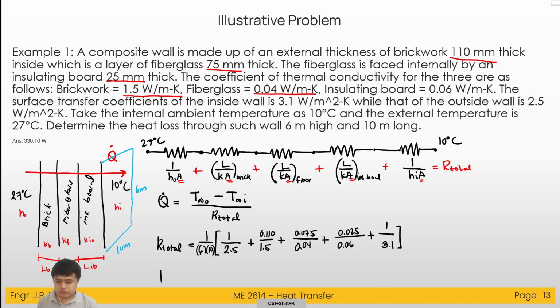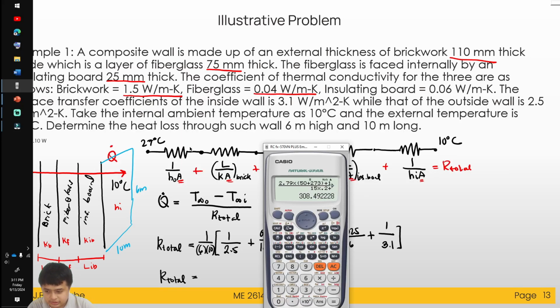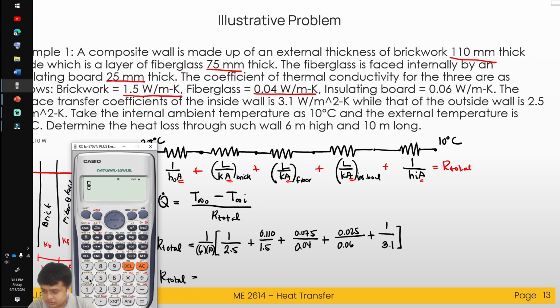So the R total here, in your calculators: you have 1 over 6 times 10, which is 60, times 1 over 2.5 plus 0.110 over 1.5 plus 0.075 over 0.04 plus 0.025 over 0.06, and then plus 1 over 3.1.